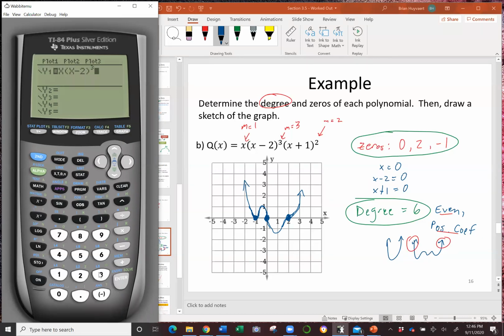Can use the little caret for cubed, and then x plus 1 squared. Okay, let's take a look at the graph, and maybe I'll adjust my window to kind of match what we have. So let's say we're going from -5 to +5 in both directions.